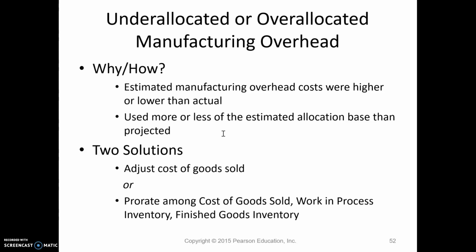We're just going to look at adjusting cost of goods sold, and that would be the method that would be preferable if there was not a material amount under allocated or over allocated. So it would depend on how off you were with your estimates, how much you have left over in manufacturing overhead at the end of the period.